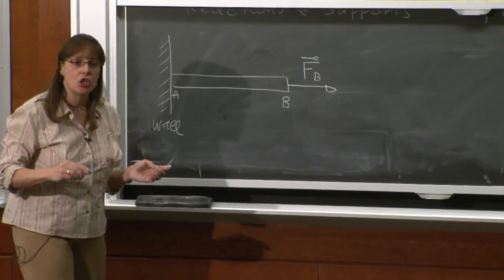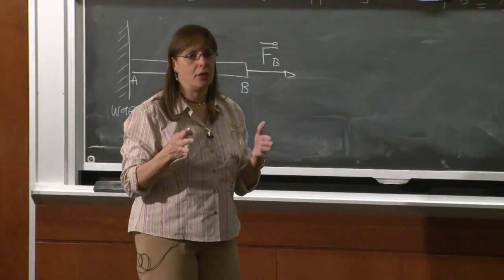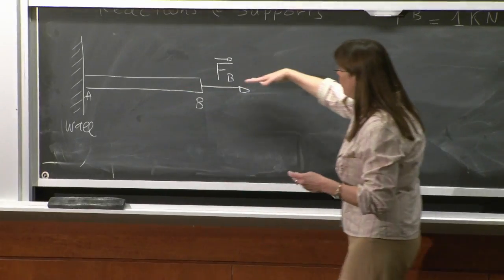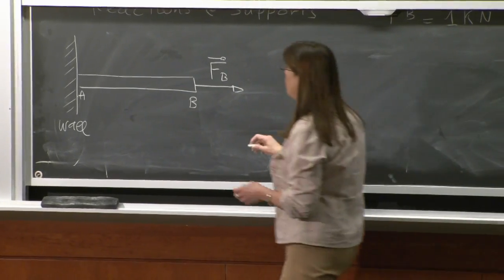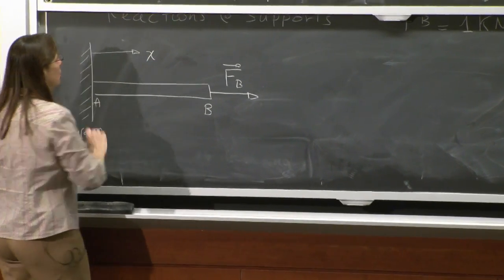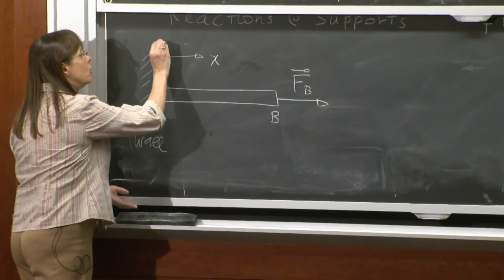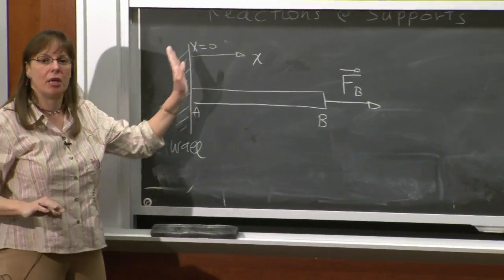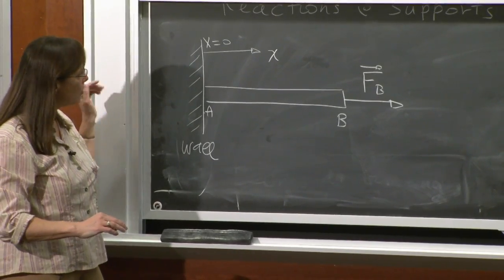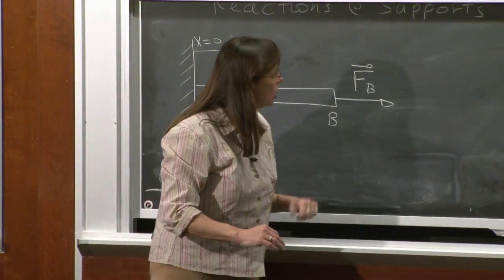For reaction, we always use the letter R. Let's put our x-axis in this direction, and let's put x equals 0 at the wall. Doesn't matter for now, but let's put an origin for the x-axis. So everything happens along this direction.